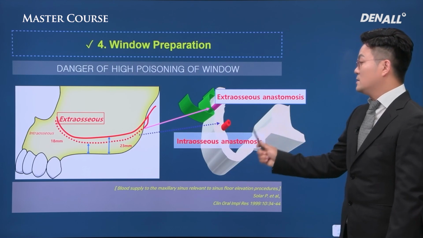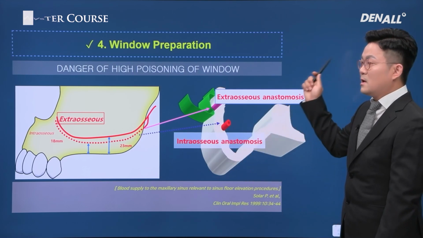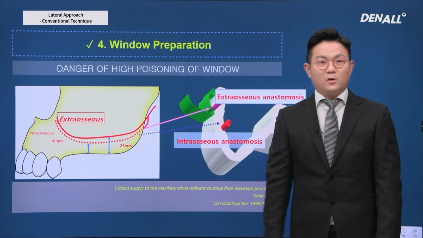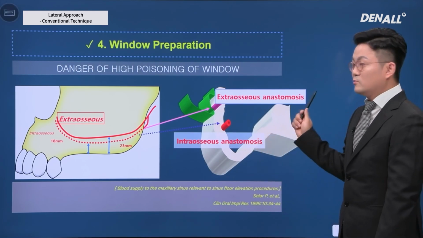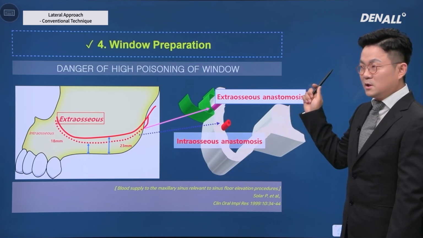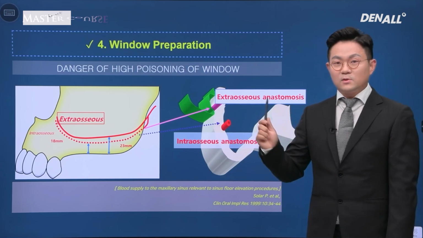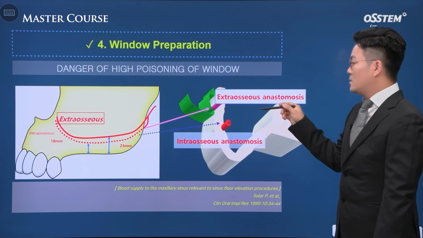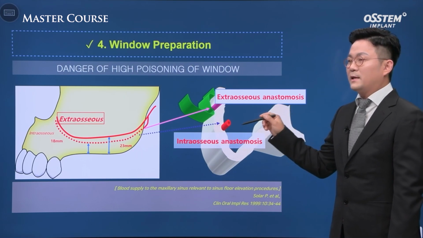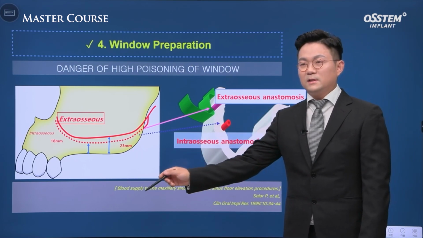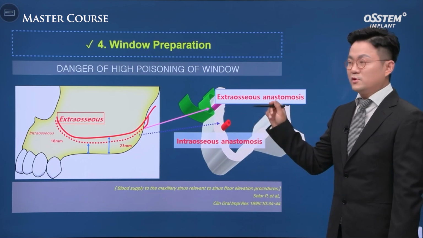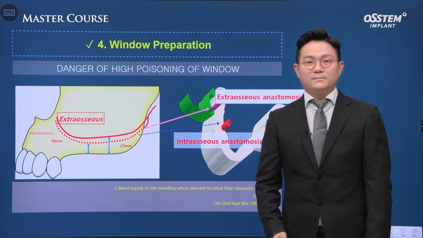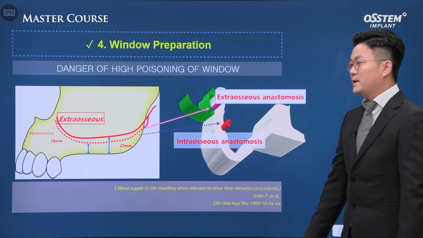Actually, the intraosseous anastomosis naturally goes through the bone at least once. The importance is where it goes through the bone. Sometimes at 7 or 9, where there's no window, it goes inside like that on the distal side and runs with the membrane, and on the front side it goes into the bone again. Or sometimes it actually goes through the center or midline side.